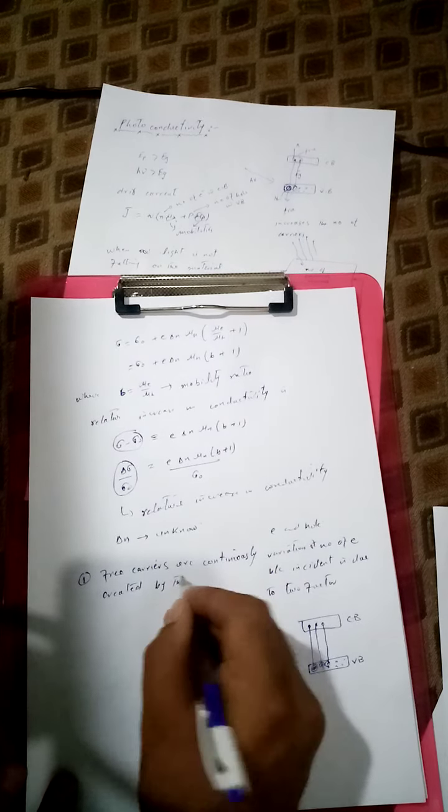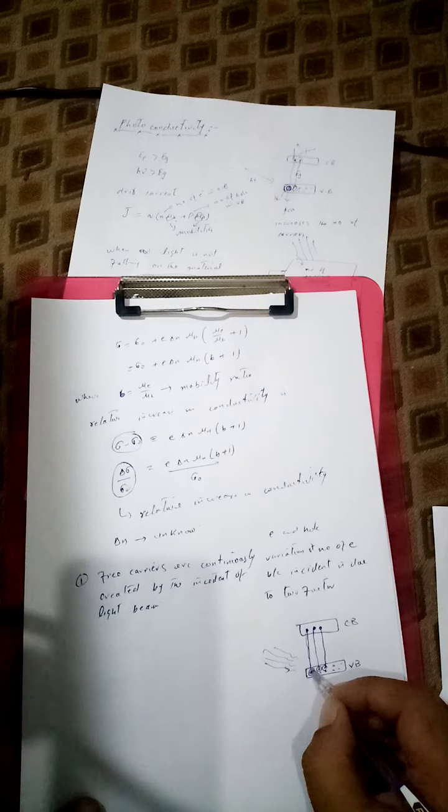Now, what will happen after some time? These electrons will not stay there for a longer time. After some time, they will de-excite, and during this de-excitation, they will fall back and occupy the hole here. So excess carriers are also continuously annihilated.